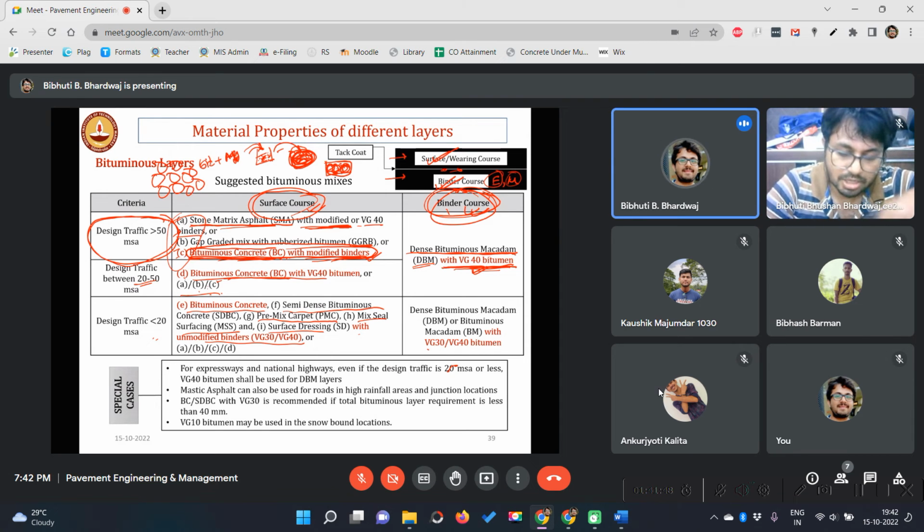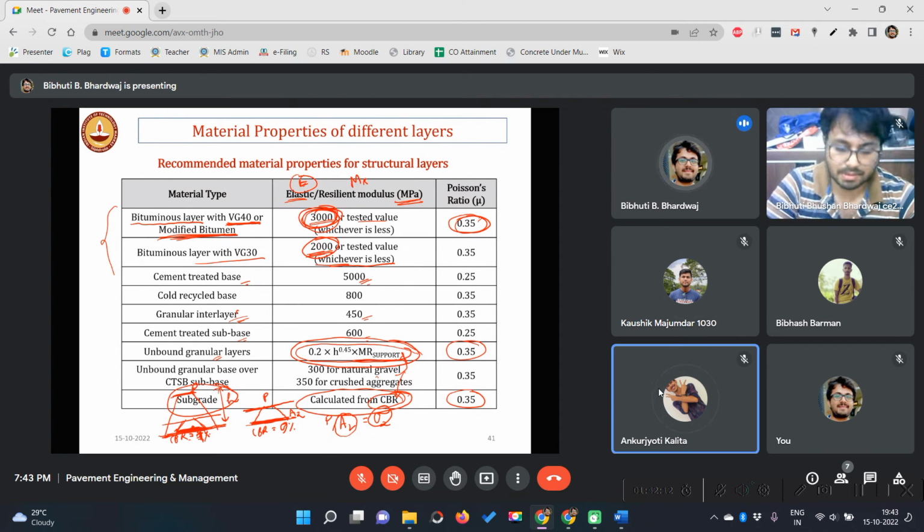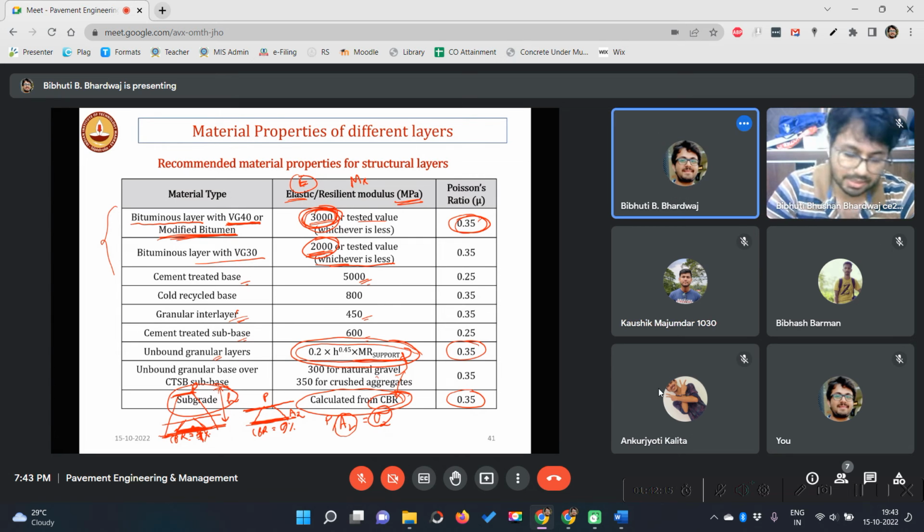The code also gives that if the bituminous layer is prepared with PG40 or modified bitumen, you can consider this E value as 3000 MPa, and Poisson's ratio is 0.35. Understood? Yes, sir. So if the traffic is less, and suppose you are using PG30, then you could have taken 2000 MPa. In our case, traffic is high, that's why we are using modified and PG40 bitumen.